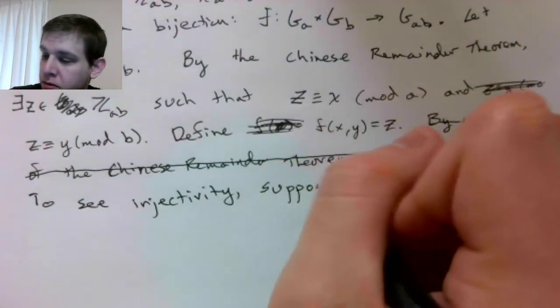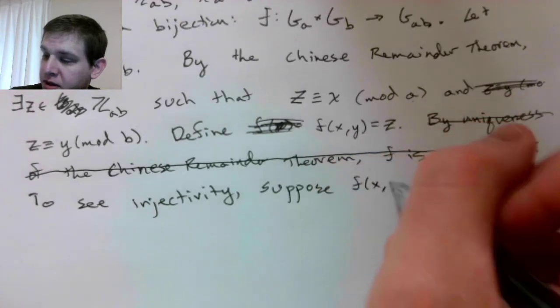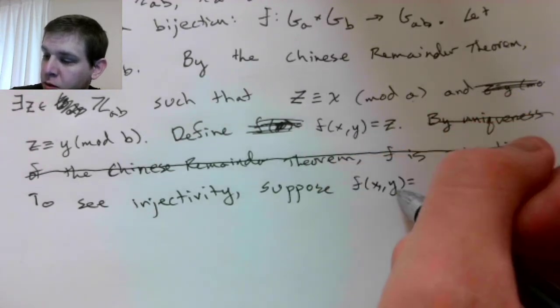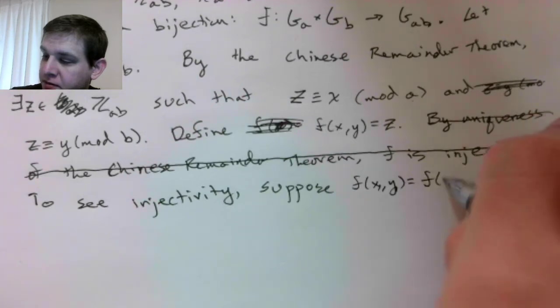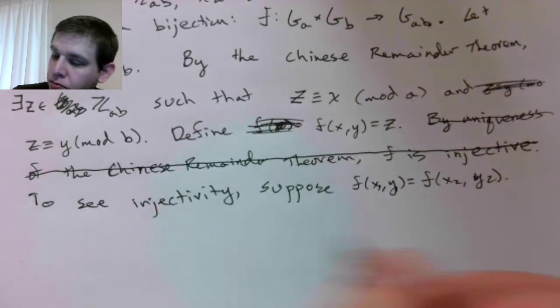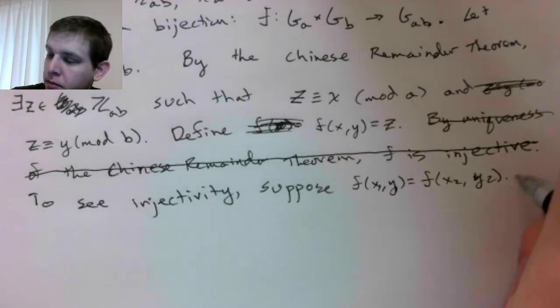Suppose f of (x1, y1) is equal to f of (x2, y2), and this was z.